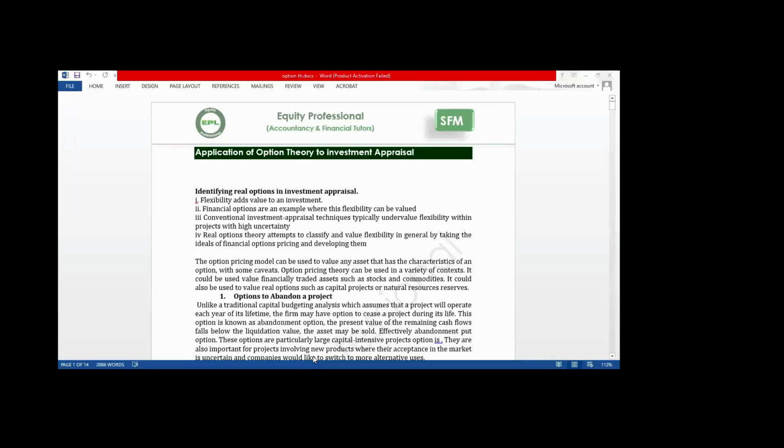Tonight, we want to look at evaluation of investments using the concept of option theory and valuation.